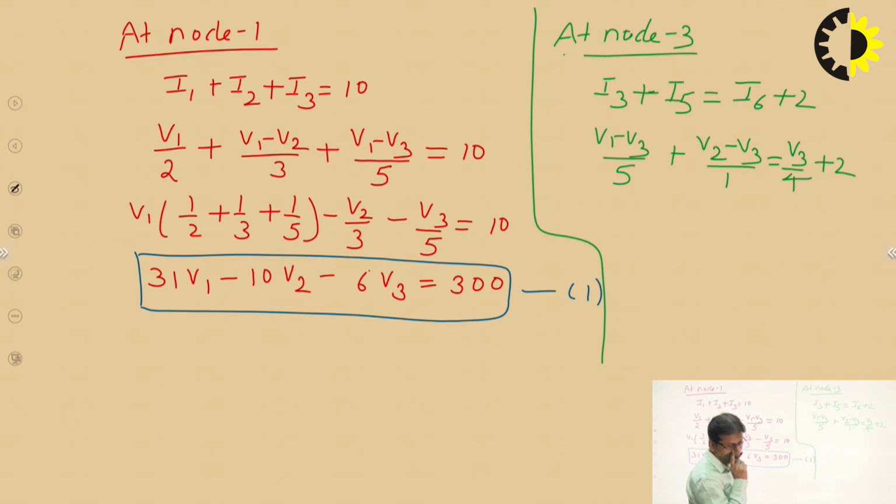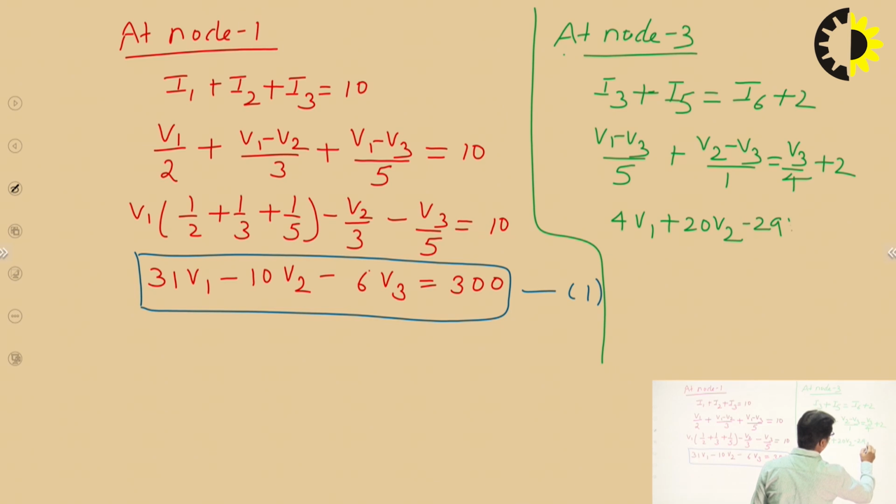By simplifying and solving this equation, we can write 4V1 plus 20V2 minus 29V3 is equal to 40. This is the third equation.